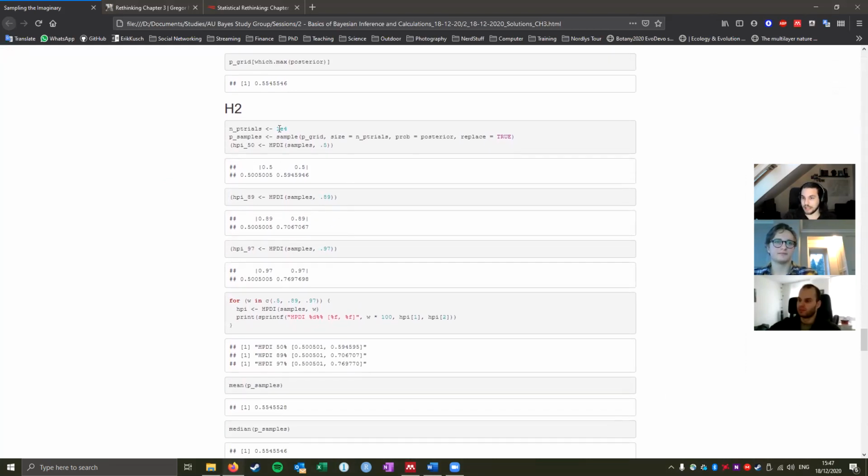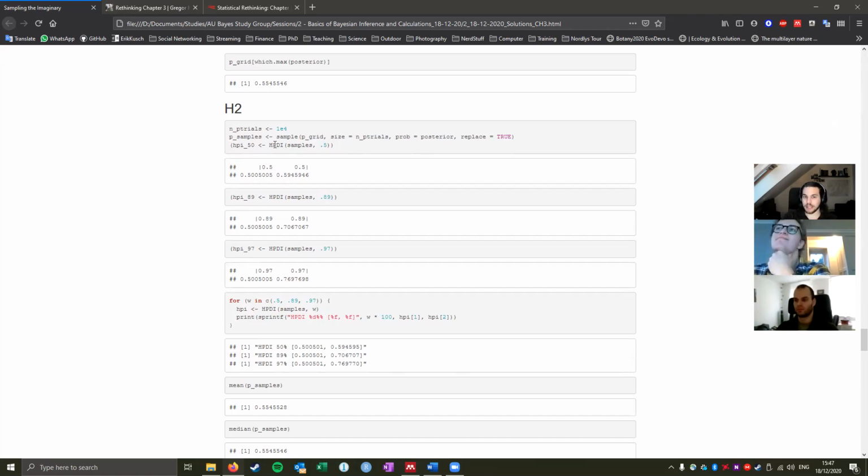So what I do here is I take my 10,000 samples, I sample from this grid of probabilities that we're looking at, with the probability being the posterior, replacement set to true.